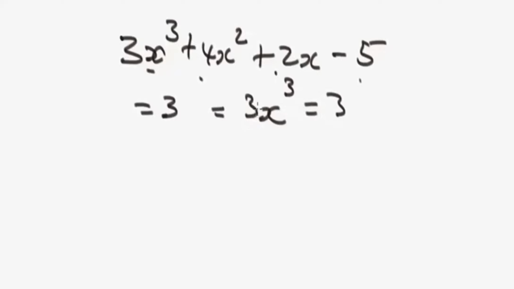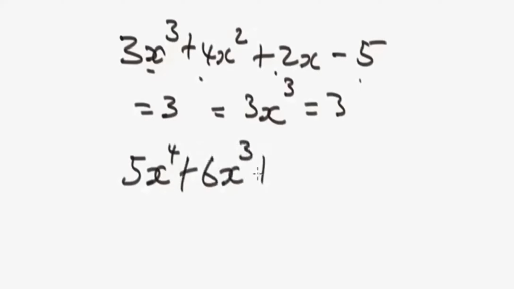Having known this, let's look at the next polynomial, which is what we call a quartic polynomial, where the highest power of x is 4. For example, we have something like 5x to the power 4 plus 6x cubed plus 3x squared plus 2x minus 7.